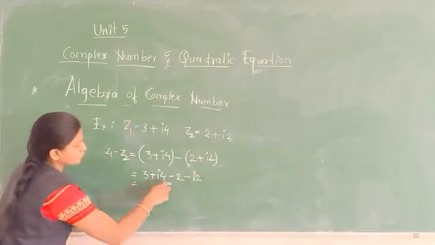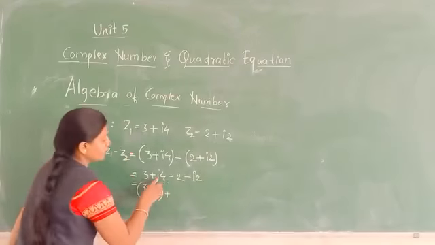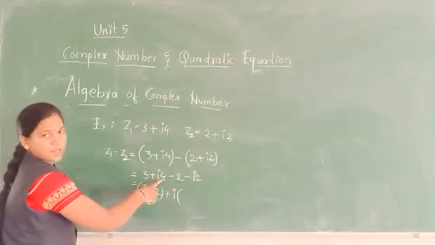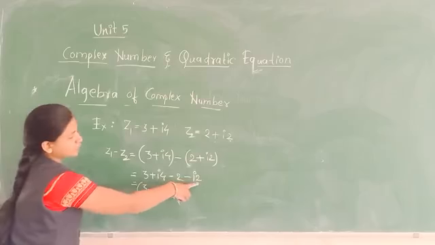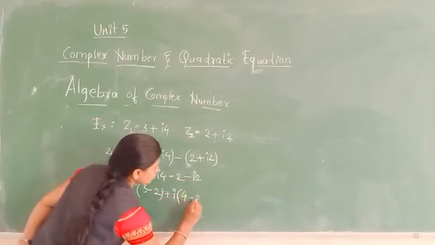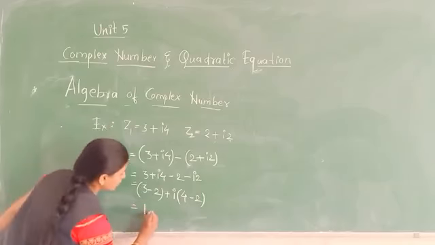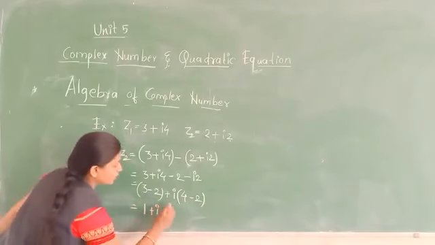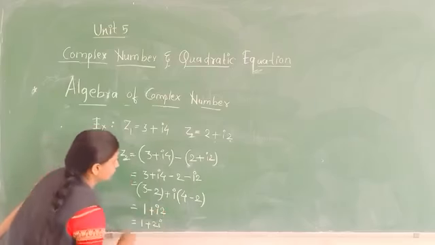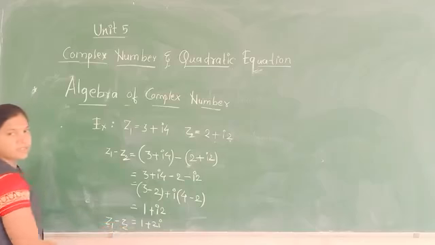So this is equal to 3 minus 2, and I take i common: 4 minus 2. So 3 minus 2 is 1, plus i times 4 minus 2, that is 2. So 1 plus 2i. Again it is a complex number, that is Z1 minus Z2.